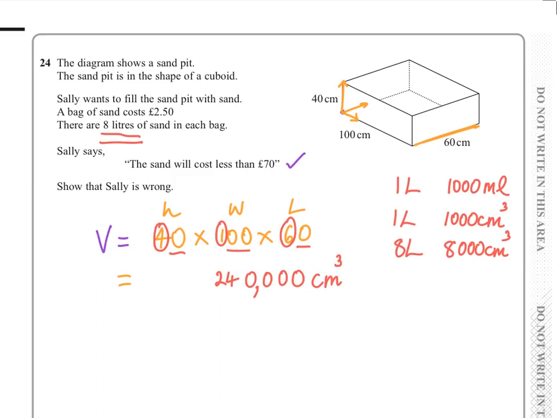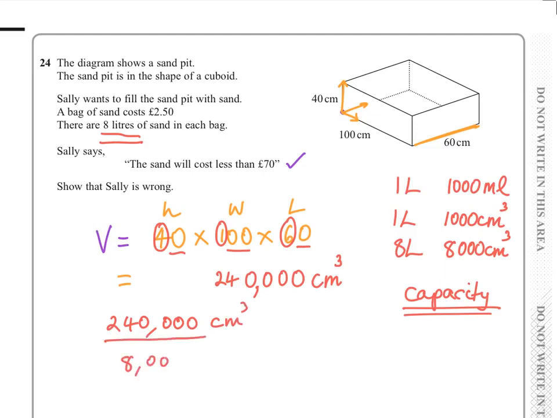So if we wanted to work out how many bags we'd have to buy, or Sally would have to buy, then we could do it like this. We can look at the total capacity. So I'll write that keyword down, capacity of the sandpit in centimetre cubes, and we can divide that by what one bag would be in centimetre cubes.